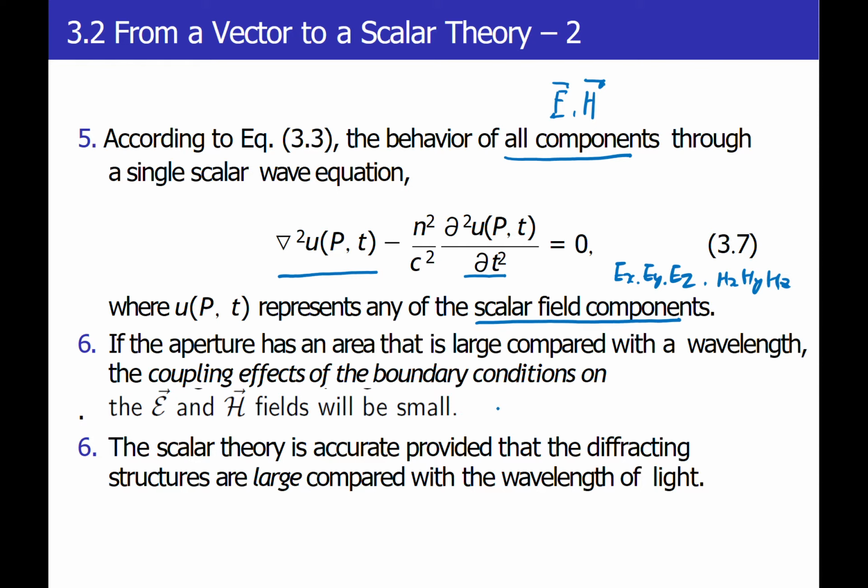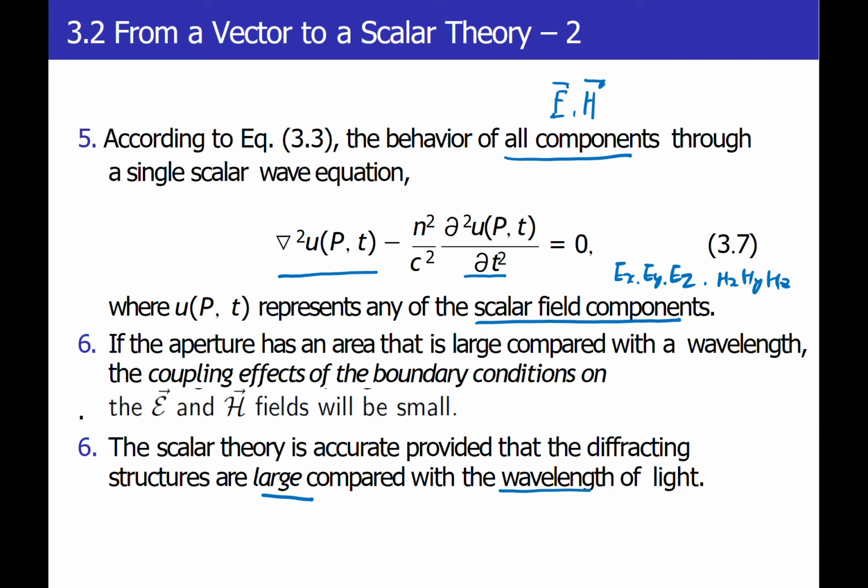The boundary condition only works for the electric field and the magnetic field separately, and there are no cross terms. The scalar theory is accurate provided that the diffracting structures are large compared with the wavelength of light.